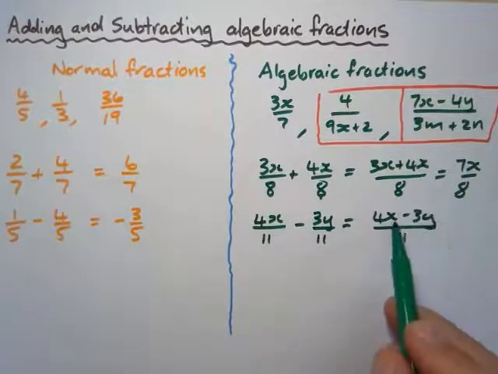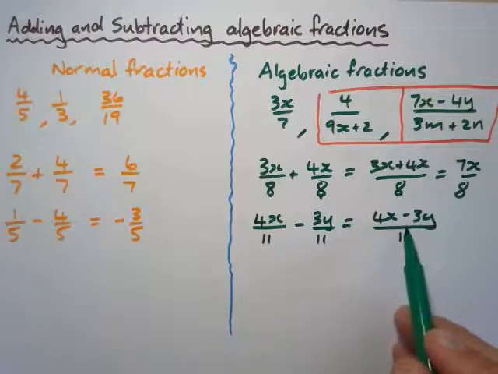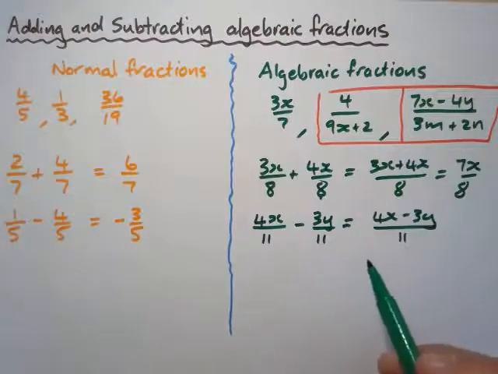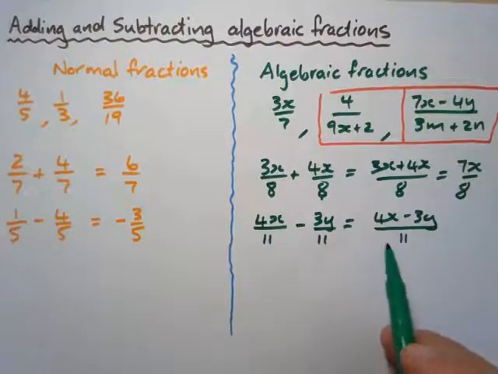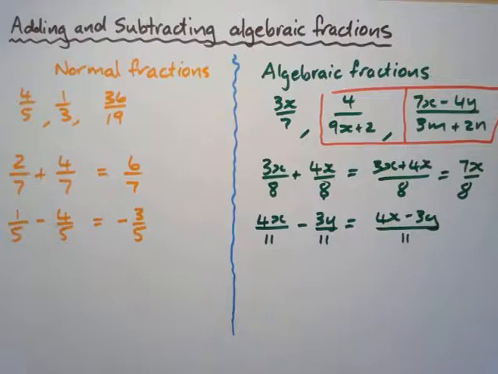Now you can't take 3y away from 4x and give an answer because you don't know what x and y are. They represent numbers that we don't know. So this will be as simple as it gets. You can't simplify that any further.